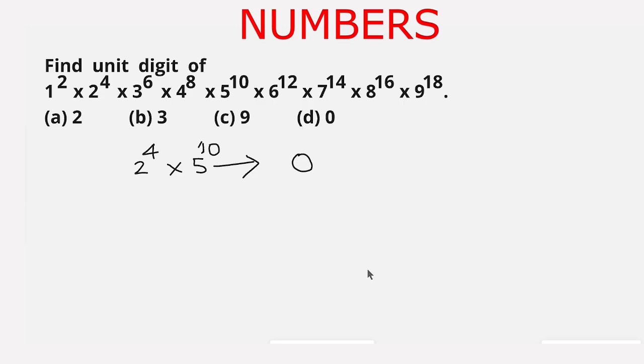So the ones place of this question or unit digit of this question will be 0. It is that easy question. And from the given options, our answer is option D, 0.